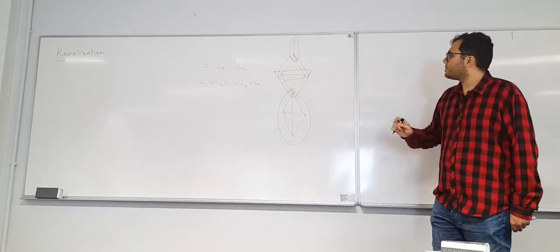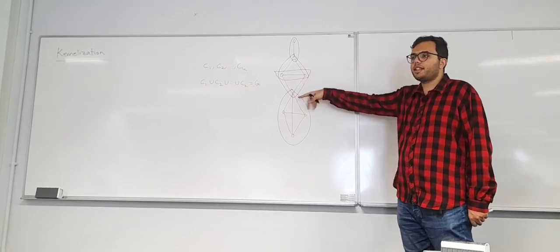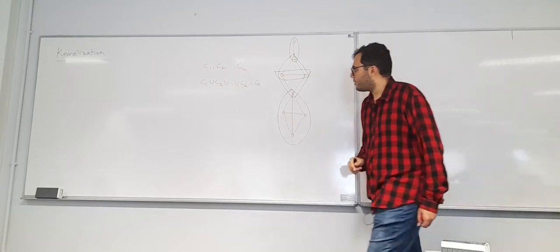As you see, the cliques can intersect, but they shouldn't create any edges that are not in the original graph. This problem is called edge clique cover.